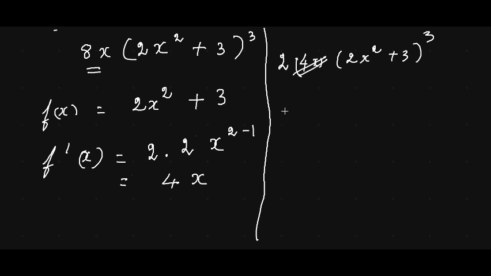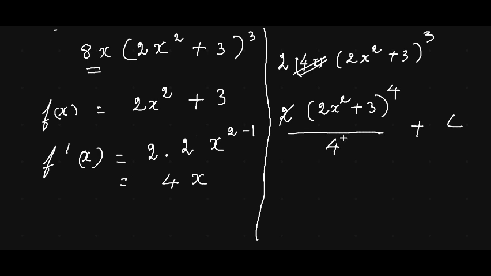I still need to keep the 2, so it is 2 multiplied by 2x squared plus 3 to the power of n plus 1, that is 4, divided by 4, plus c. And of course this 2 and this becomes 2, so that is 2x squared plus 3 to the power of 4 divided by 2 plus c.